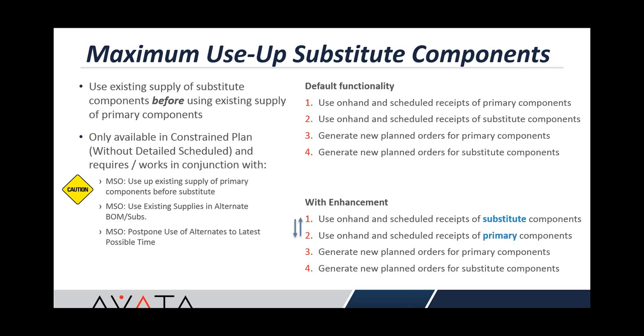And we will also talk about the ability to stop planned order creation on certain items. So if you said don't create planned orders on substitutes, you would then fully consume your current part number and switch over to primary. And point 4 at the bottom of the slide, it would never generate those planned orders for substitutes if you're trying to do a phase-in ECO approach.